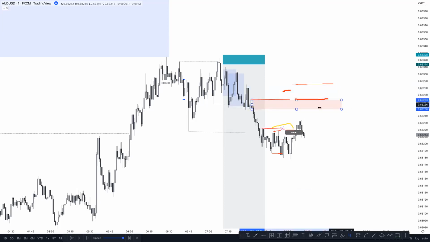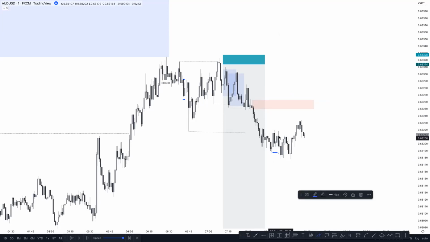If price tap here and give any reaction is here, then we can also sell. And the next type of entry available here, if market taken out the inducement, which is here, like break this high and give any reaction is here, then we can also sell here. Now let's see.